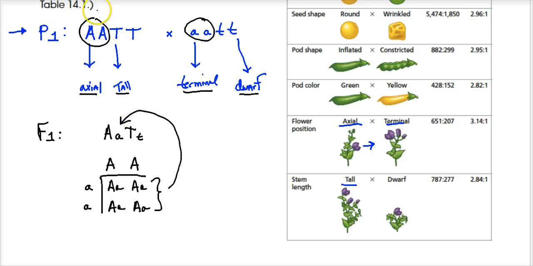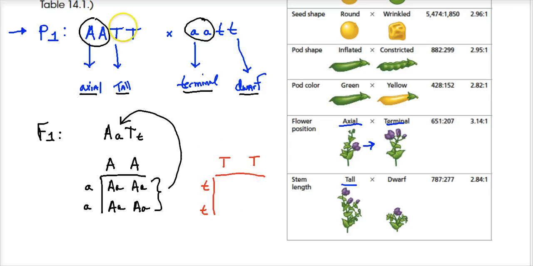And if I was to do the same and break apart the T's, they would segregate, law of segregation, into different gametes. You would have what? You would have little t and little t from these guys separating.